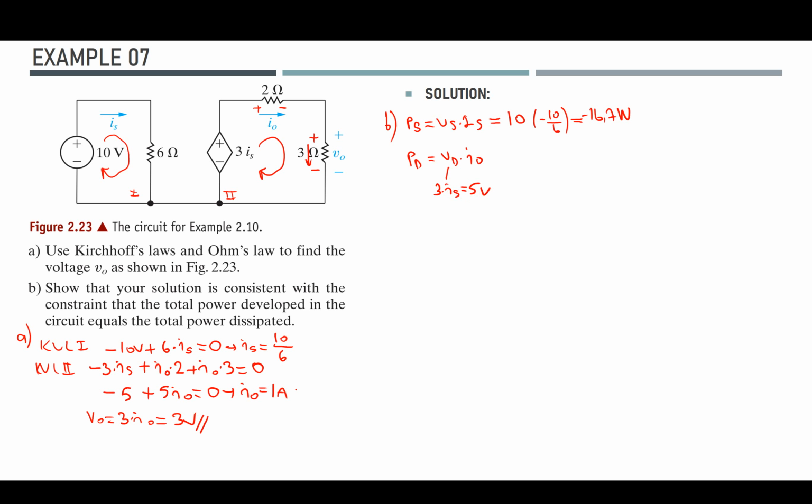We have already found it. So I simply plug in my values. 5 times minus 1 amp, because IO is 1 amp. I'm going to get minus 5 watts.